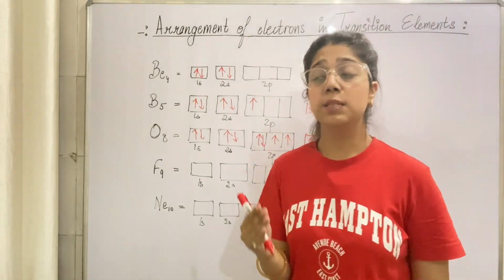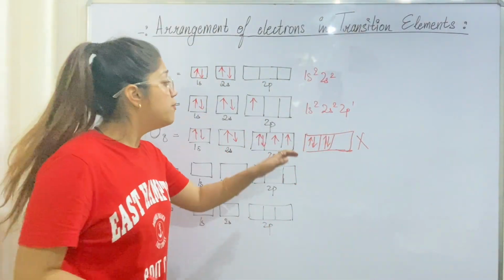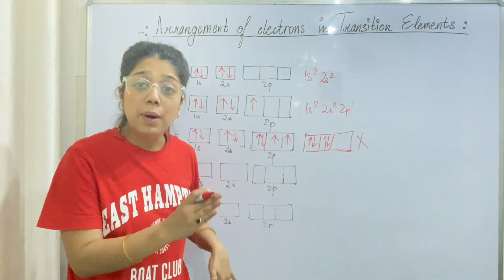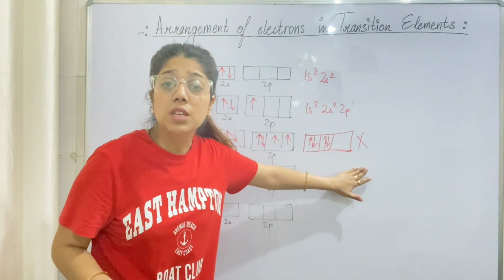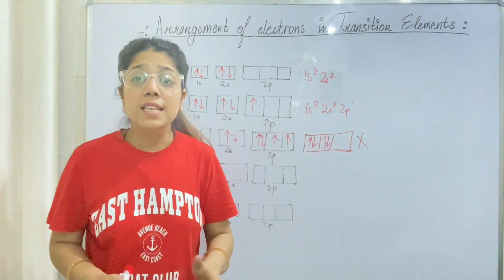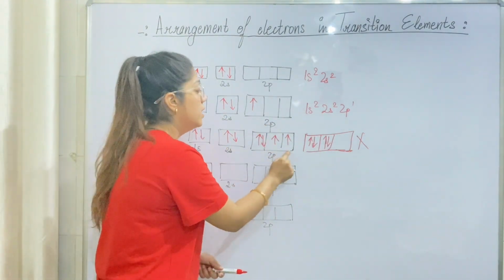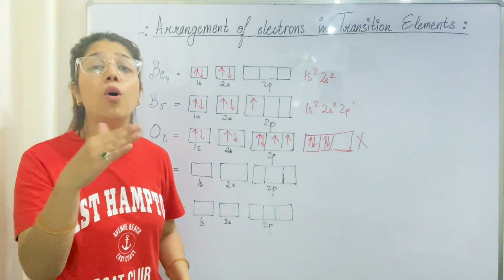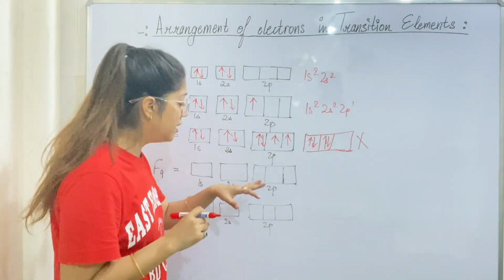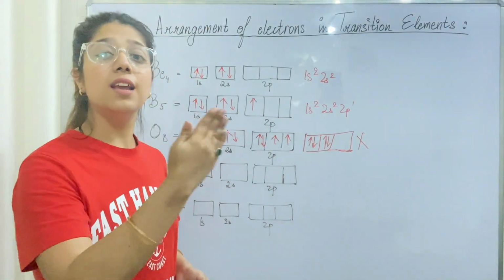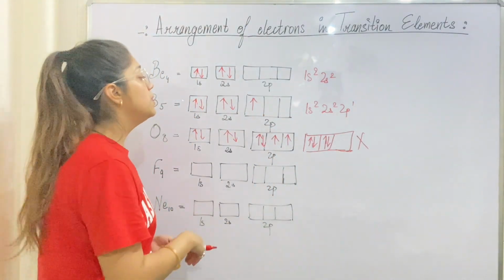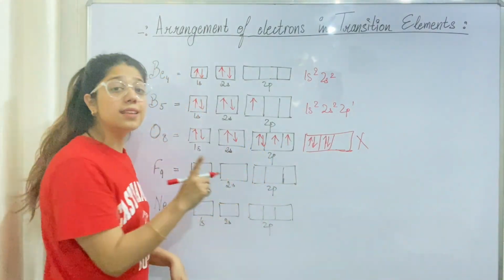Hund's rule of maximum multiplicity says that the pairing of electrons in the degenerate orbitals, that means the orbitals of the same subshell, cannot take place until each orbital is singly filled. That means until 2px, 2py and 2pz are all singly filled, the fourth electron cannot start pairing.